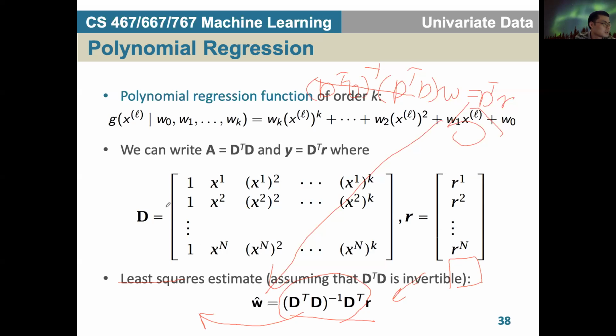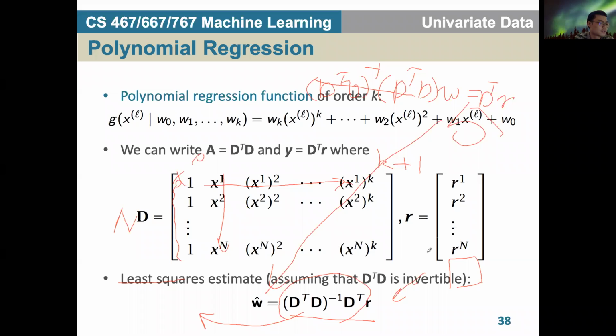So, for example, this matrix basically tells you, along this direction n, how much data you have. But along this direction is k plus 1, right? So this is more like x to the power 0. So the dimension doesn't match. For a non-square matrix, if you take inverse, it's called pseudo inverse.